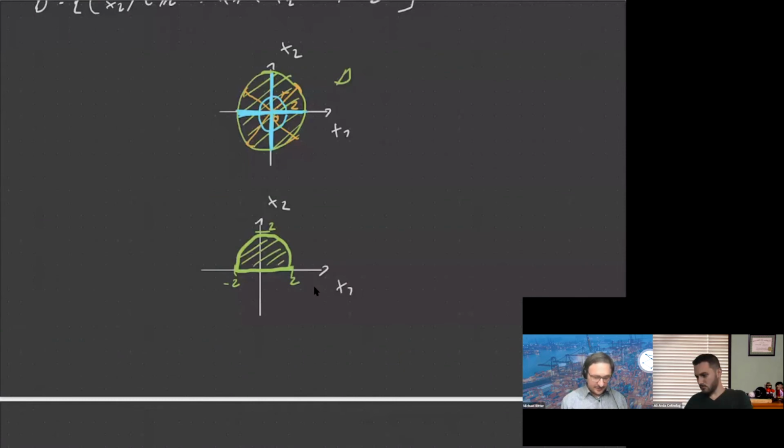Then again, the radius would vary between 0 and 2, independent of the angle. The angle would now vary between 0, which is here, and this other extreme here, which is pi.